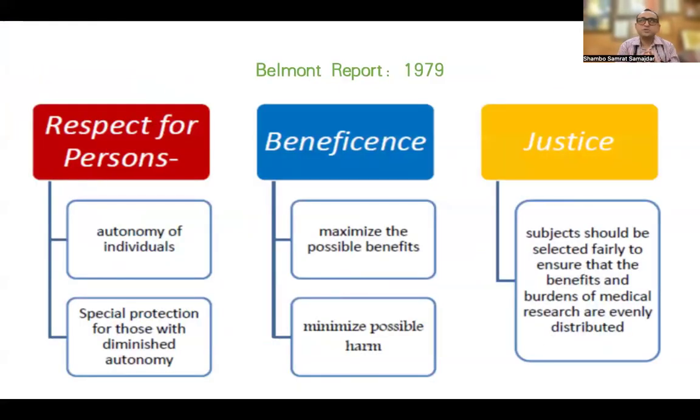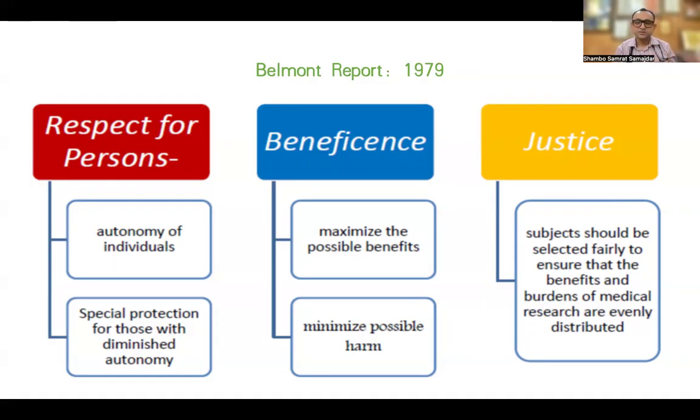This Belmont Report is very important, which had three important pillars. Number one, respect for persons, the autonomy, and especially special protection for the vulnerable population, those with diminished autonomy. Then beneficence, meaning maximizing the possible benefits and minimizing the possible harm. Non-maleficence, no harm.